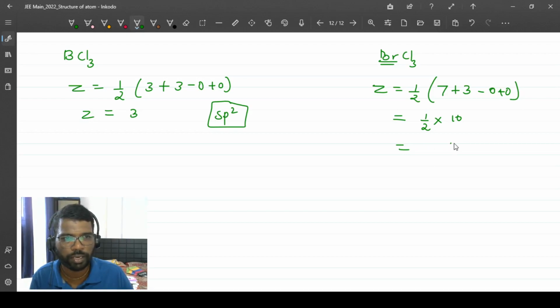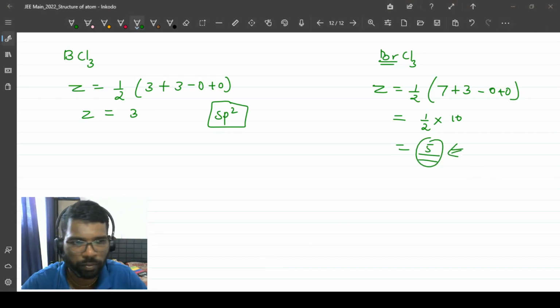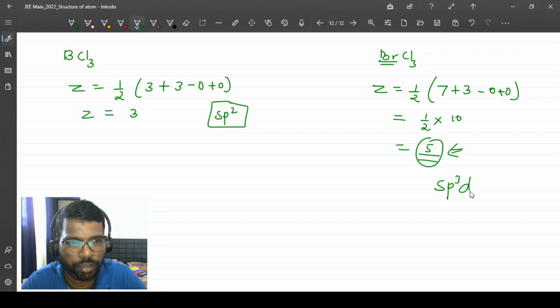If the electron pair count Z is 5, then the hybridization is sp3d and the structure will be trigonal bipyramidal. You can remember this, right? So these are not isostructural.